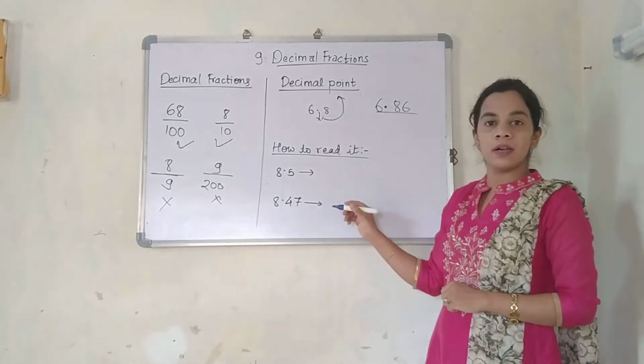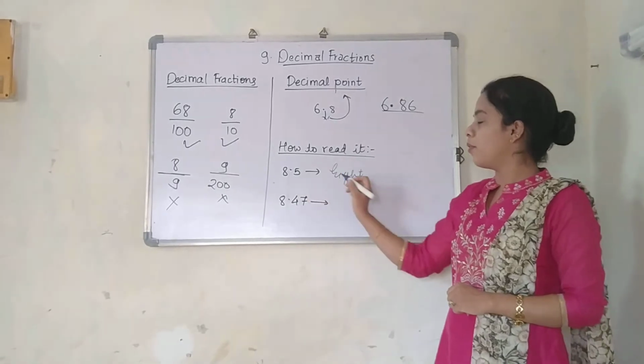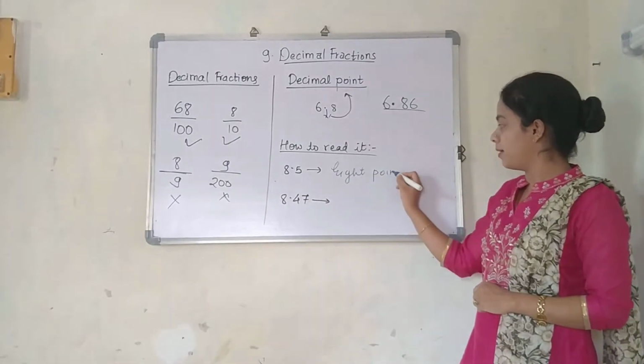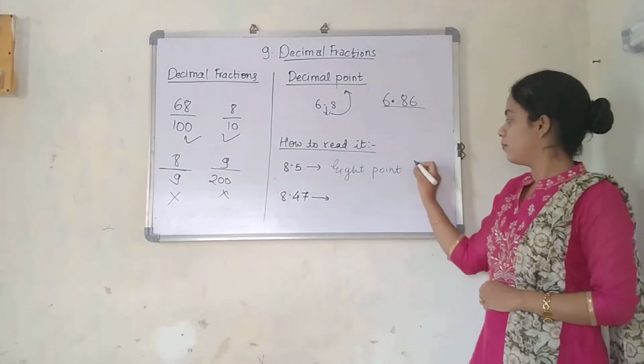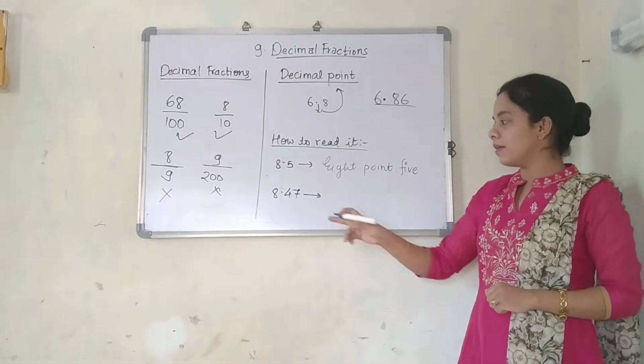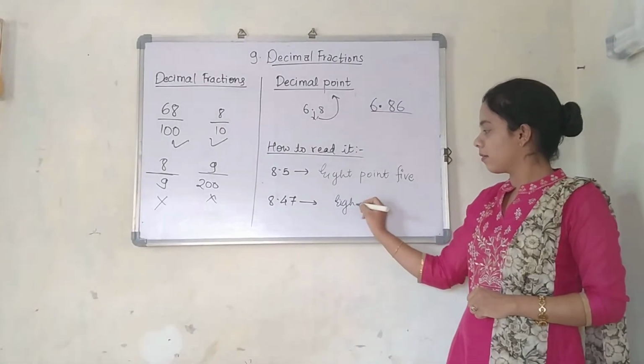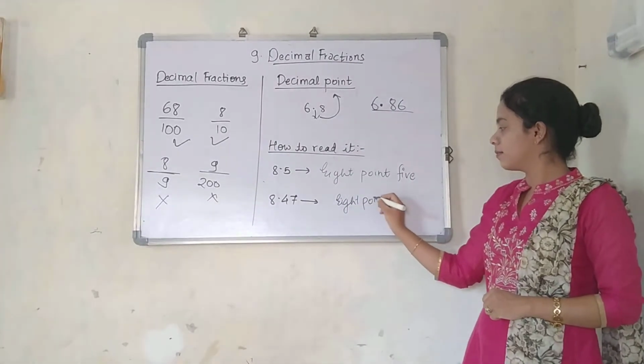This number I can read aloud as 8, middle point is that I am going to write as point and 5. 8.5. How I am going to read this number? 8 point 47.